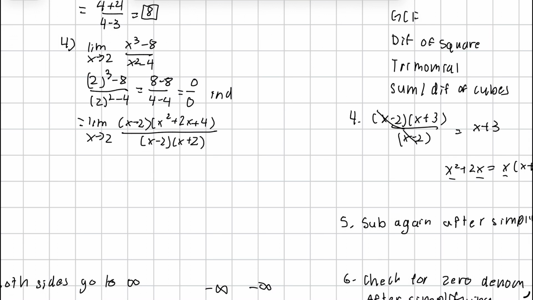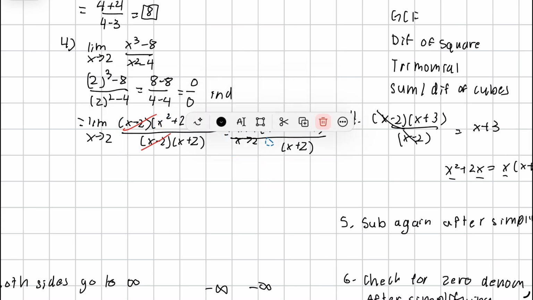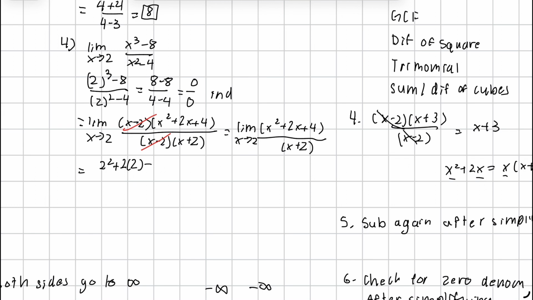So we can cancel out that common factor of x minus 2. We just have the limit as x approaches 2 of these two factors. Now this is a form that we can evaluate, so we're going to do direct substitution. We have 2 squared plus 2 times 2 plus 4, all over 2 plus 2, which is 4 plus 4 plus 4, all divided by 4, giving us 3.